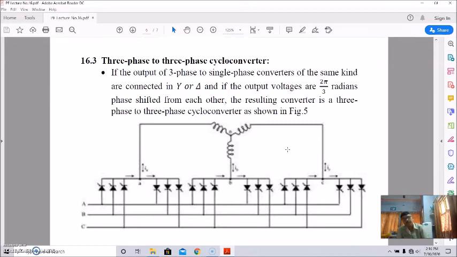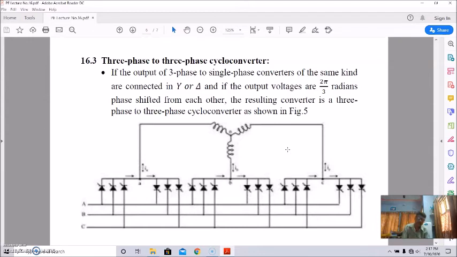This may be single phase, of the mid-point type or bridge converter type, so single phase to single phase. Then we can get 3-phase to single phase and 3-phase to 3-phase cycloconverters, and these are nowadays used very widely in AC drive systems, particularly in induction motors, etc.